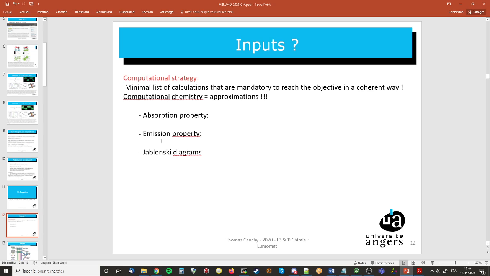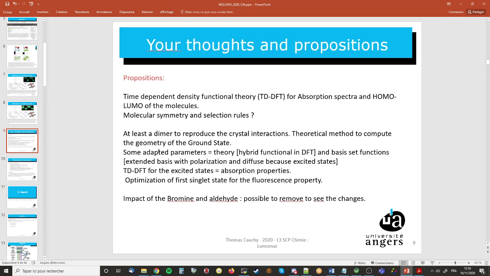With benzene, you have like 30 electrons, and with our systems, even if it is a small molecule, you have much more than one electron. So you cannot do perfect quantum mechanics. You need approximations. That is why in 2 days you will have a class to teach you what kind of approximation you can use.